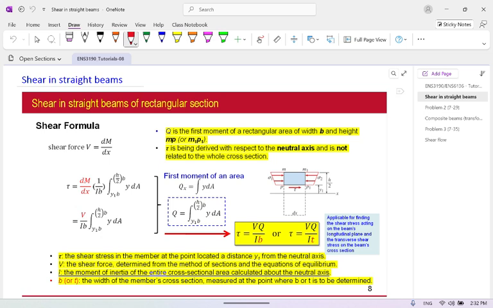Q is the first moment of a rectangular area of width B and the height to somewhere, so from the location of interest to the utmost. T is the width, which depends on where the point of interest is.